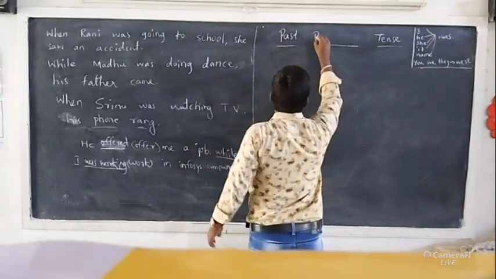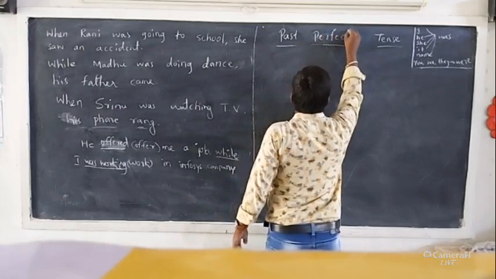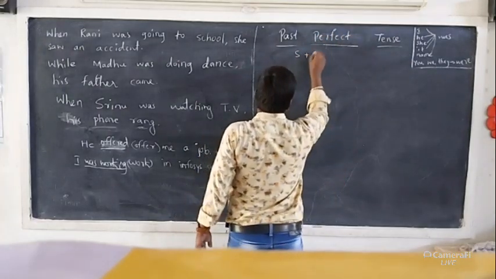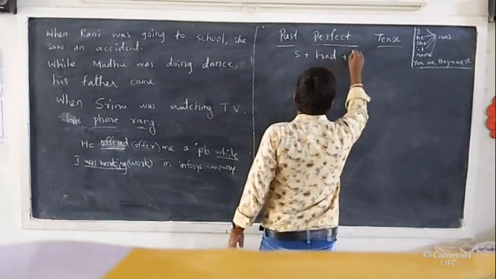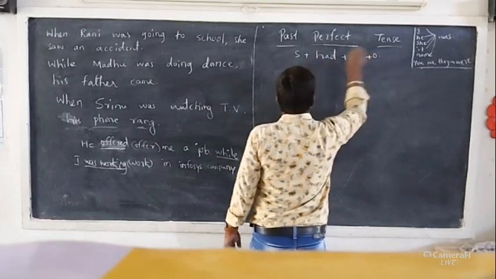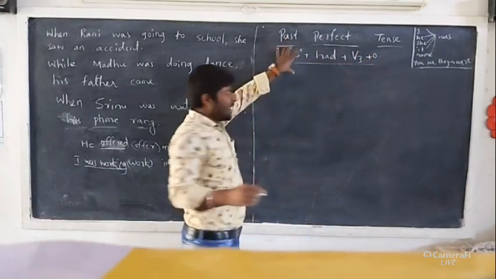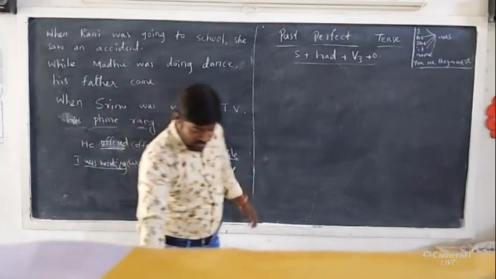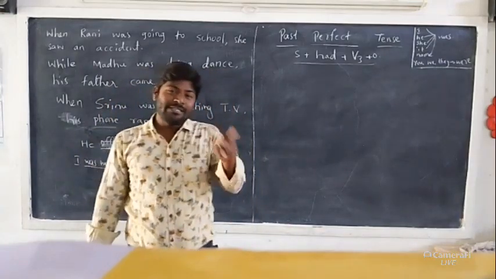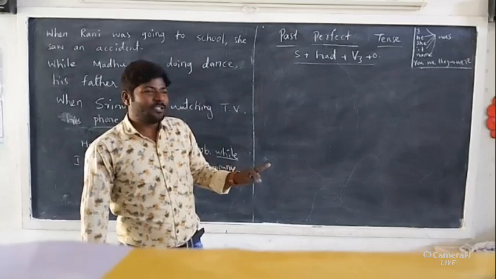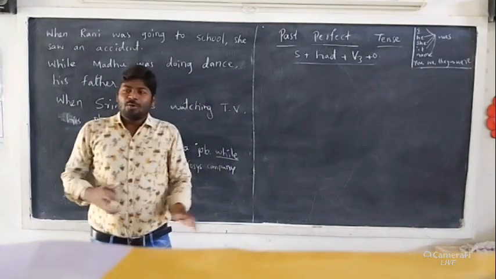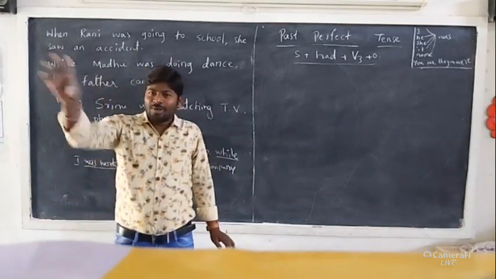Next, past perfect tense. We have 12 tenses, and 2 tenses are related to two actions.